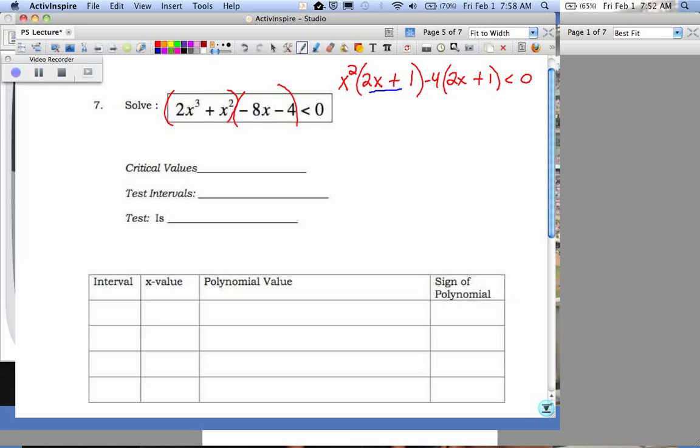But the point is, now I have 2 terms. Each term is split into 2 factors. So I'm underlining the common factor. So now we pull that out front as 2x plus 1. But that leaves behind the x squared and the -4.